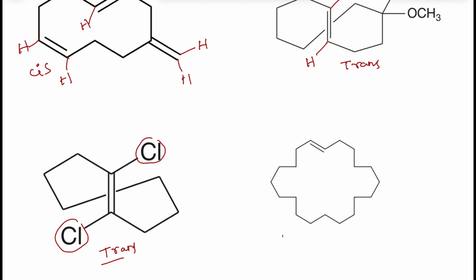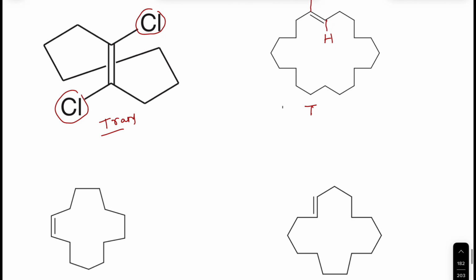You just see the orientation, write hydrogens properly. It is an sp2 carbon. Try to maintain 120 degrees, though here it is not exactly 120, it is nearer to 120. Here one hydrogen, here one hydrogen. Don't write hydrogen here. Hydrogens are again on opposite sides, so this is said to possess trans configuration.